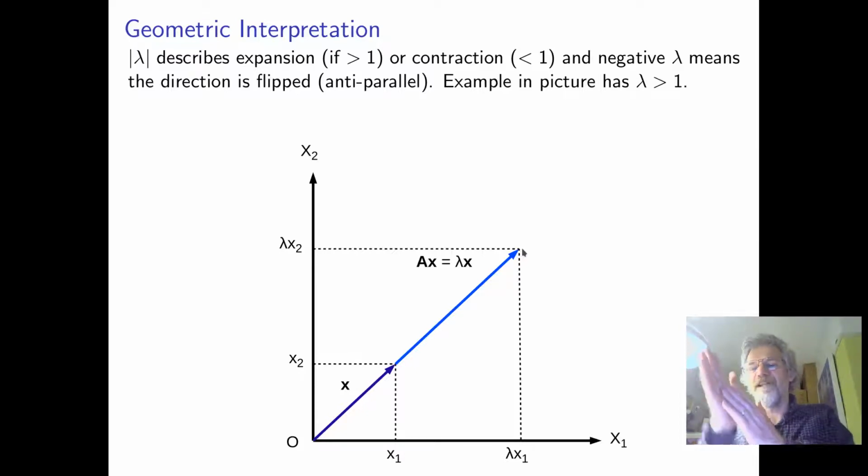So it really is stretching along that direction rather than rotating it. Complex eigenvalues, of course, are a little bit harder to understand, and in practice it tends to be that if there's some kind of rotation going on, there isn't a real eigenvalue and eigenvector. If the eigenvalue is bigger than 1, it stretches and makes everything bigger. If it's less than 1, it shrinks.